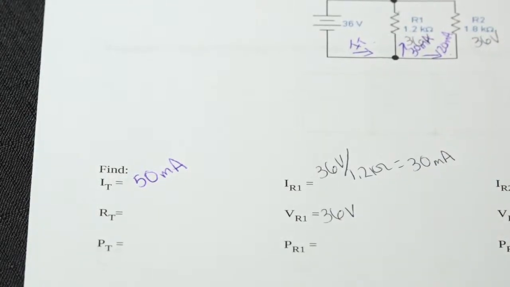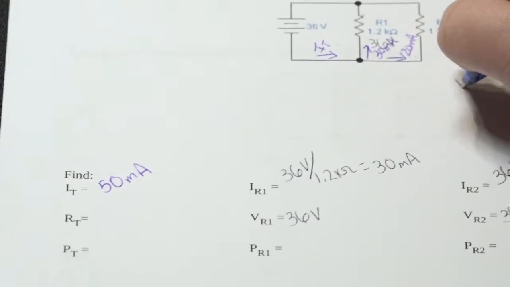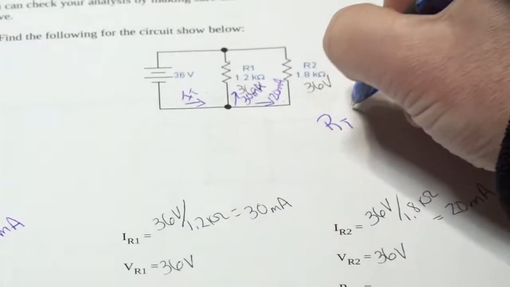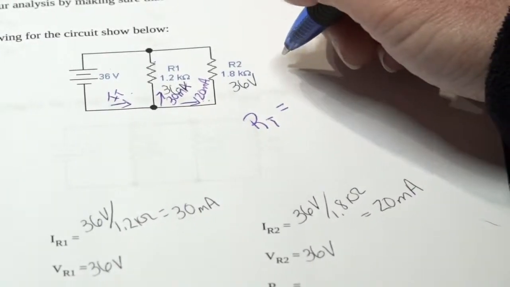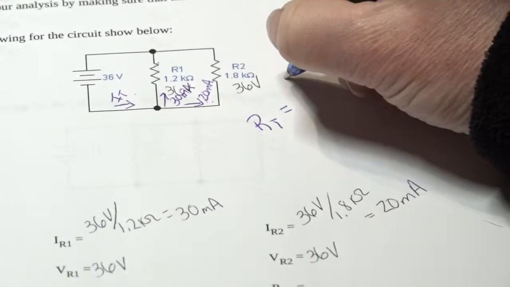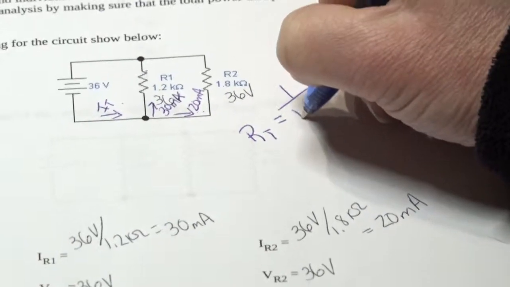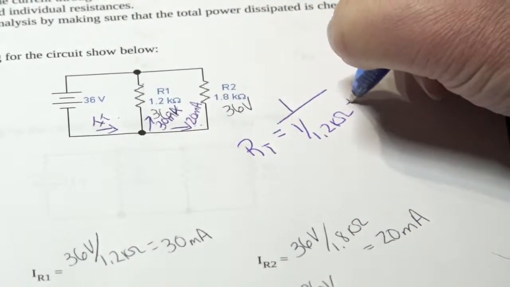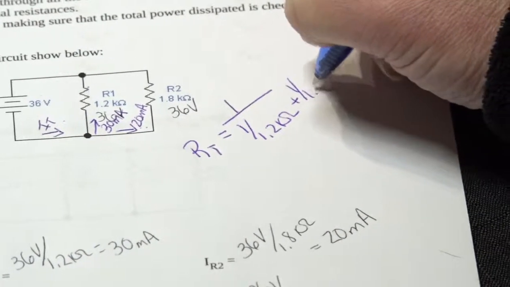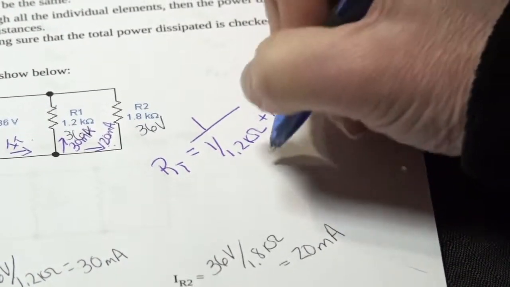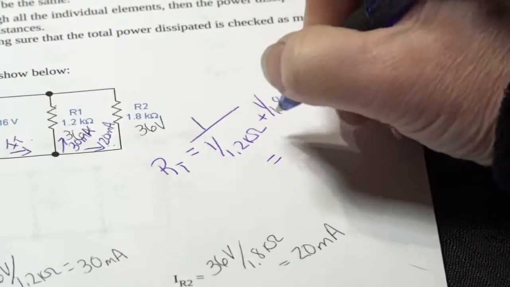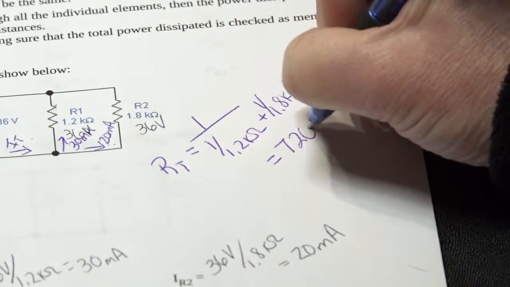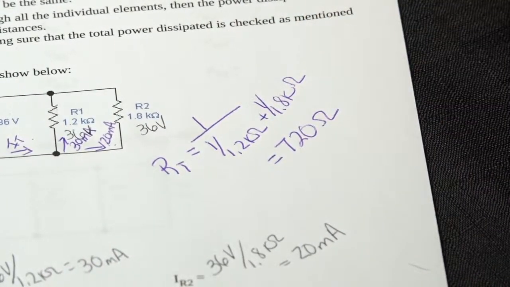Let's go ahead and find the total resistance. So the total resistance is going to be equal to 1 over 1.2 k ohms plus 1 over 1.8 k ohms, all inverted. And that gives us 720 ohms.